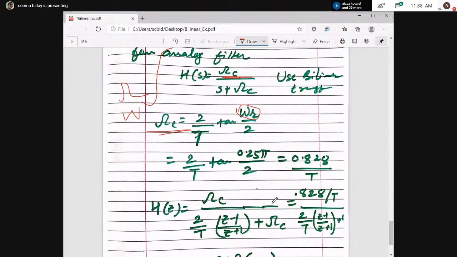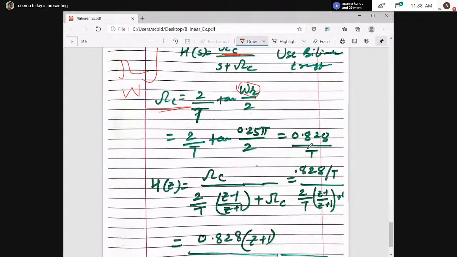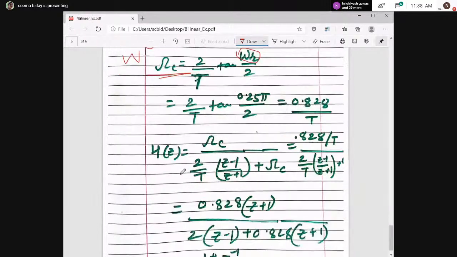Now keep this value of omega C in H of S. Sorry, it should be H of S, since omega C is written directly.